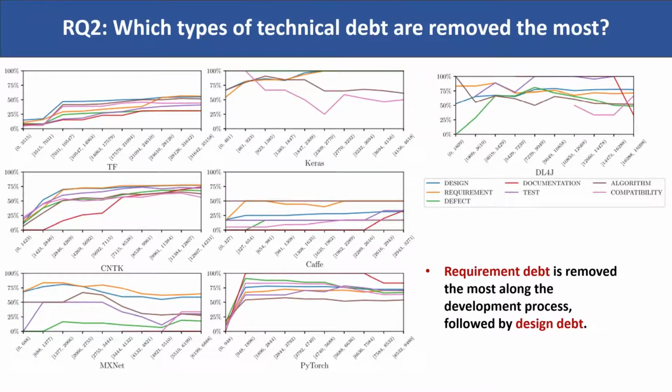This can reflect which types of technical debt are removed the most to finish the development task and to ensure the code quality. We find that requirement debt is removed the most, followed by design debt. Documentation debt is removed the least, followed by test debt.